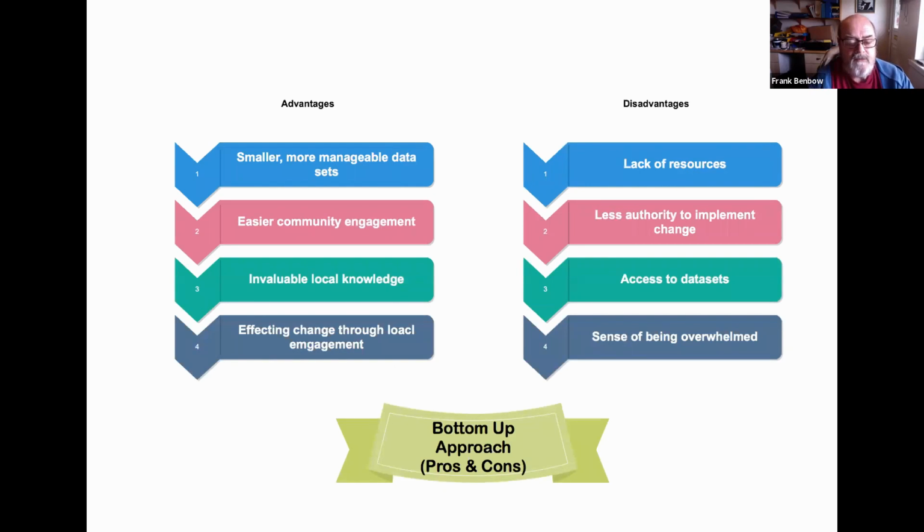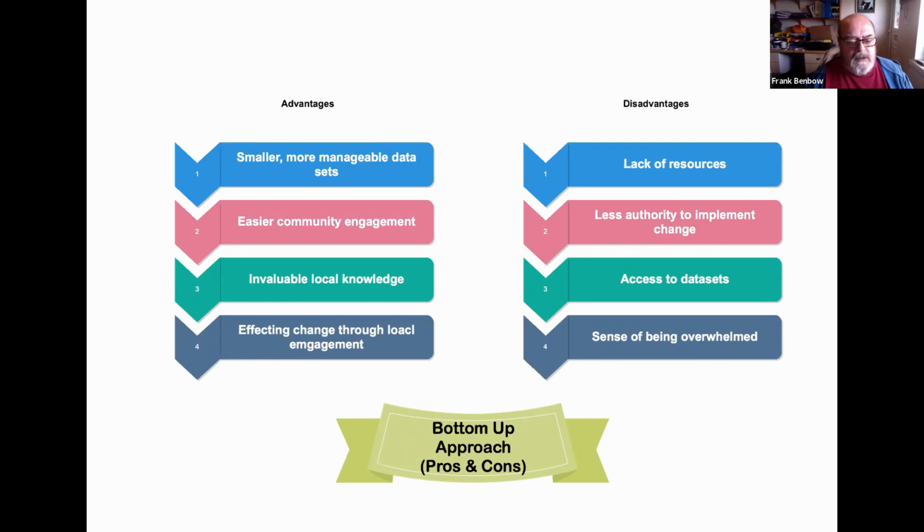Right, the advantages of a bottom-up approach, or the pros and cons of a bottom-up approach. The advantages, well, smaller and more manageable data sets. Now you can imagine that if you've got a data set that's, say, 500 houses, for example, that's a more manageable data set for you to deal with than if you've got 10,000 to deal with.